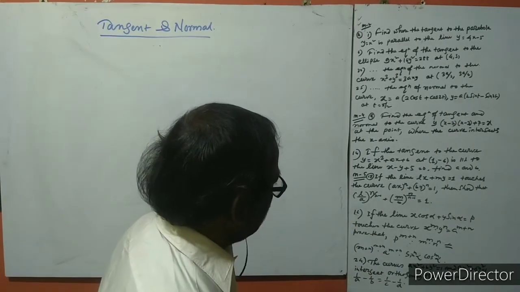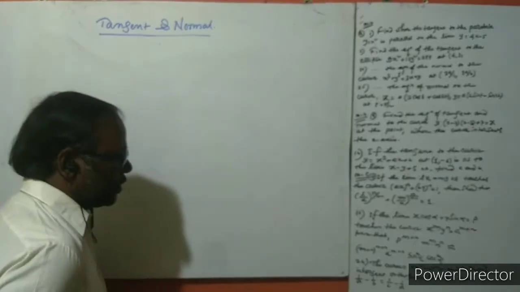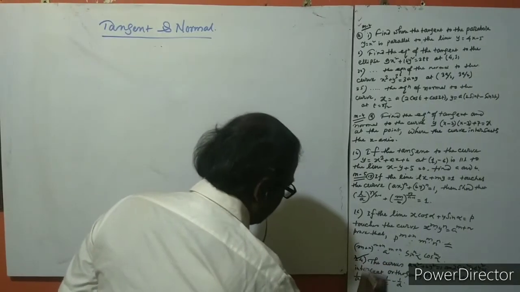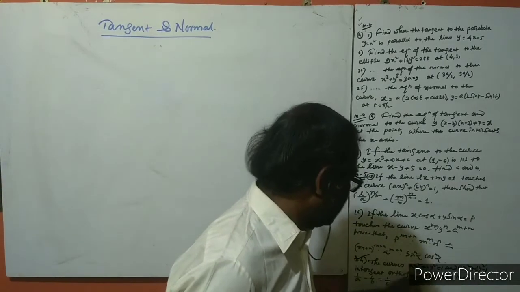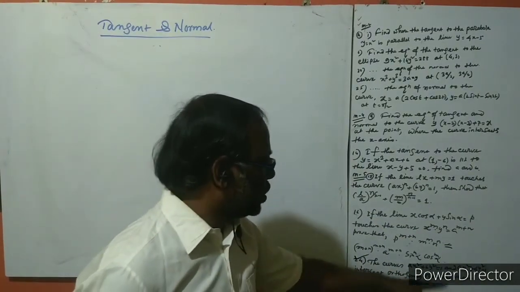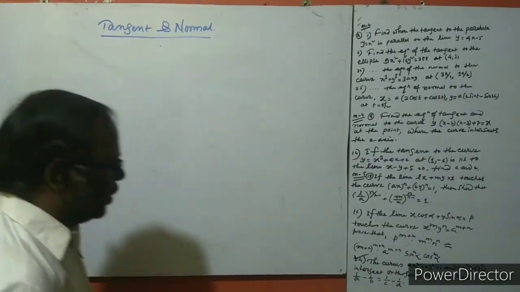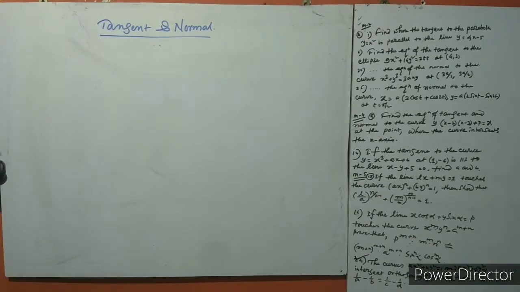So follow the question number 24 first. Here the question: these two curves intersect orthogonally, then show that 1/A minus 1/B is equal to 1/C minus 1/D. Okay.